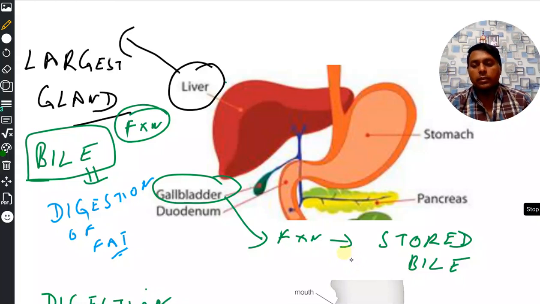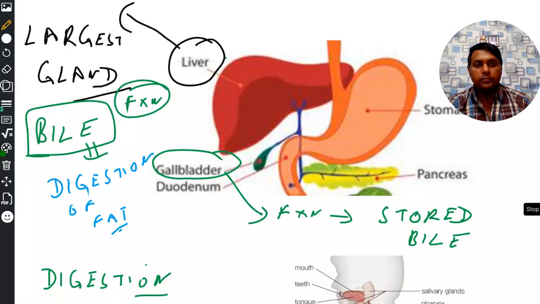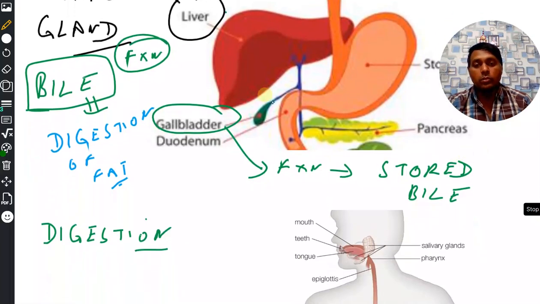What is a gallbladder? The gallbladder is a small organ located beneath the liver. You can say its position. So your teacher can ask you to label it. You can easily label it, the green in color.